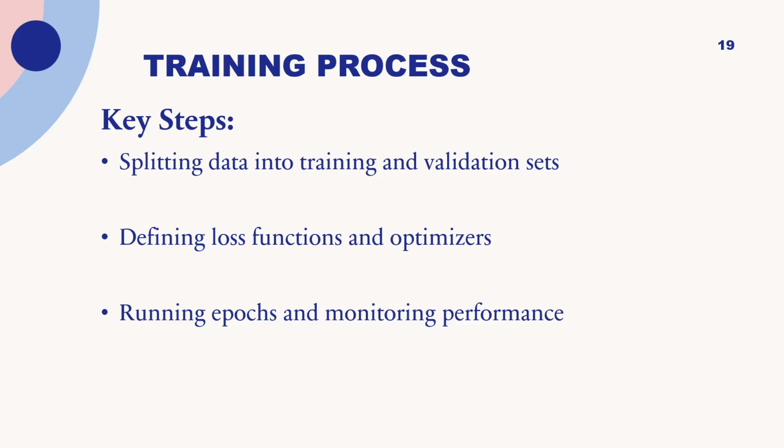With each epoch, the model iteratively improves its predictions. To ensure the model is learning correctly, we monitor performance metrics during the training, such as accuracy and loss. In our case, we use the Trainer class from Hugging Face's Transformers library, which simplifies the entire training process.